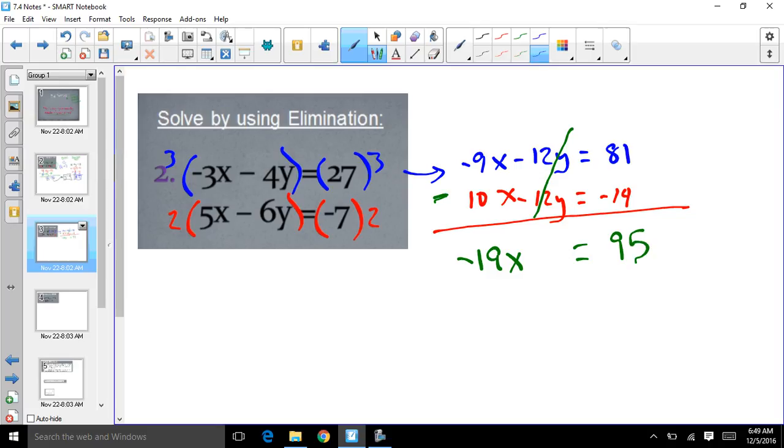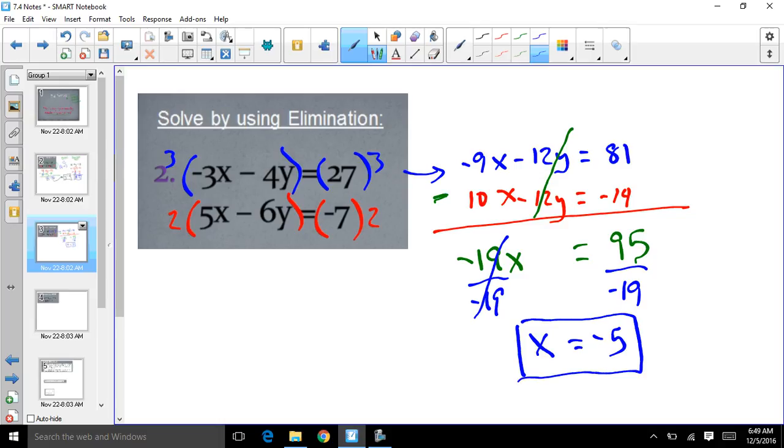Now when I go to solve for x, I divide by a negative 19 on both sides, and I believe that 95 divided by negative 19 is going to give me a negative 5. Okay, and that's one of my solutions right there.